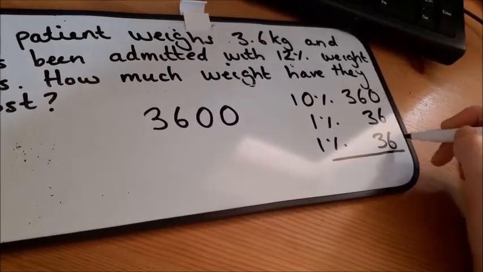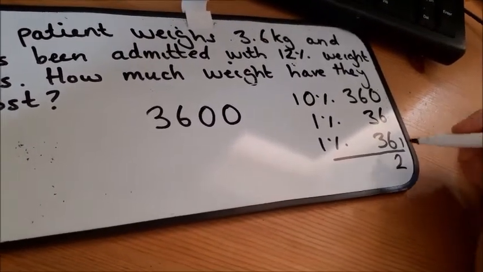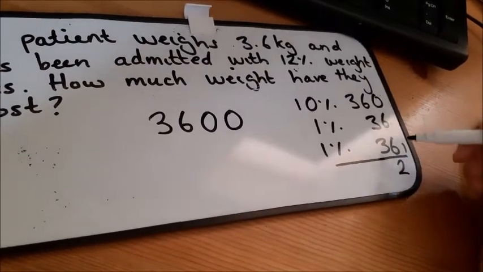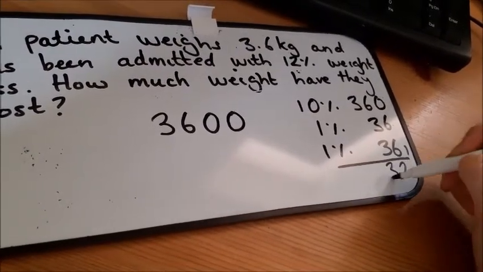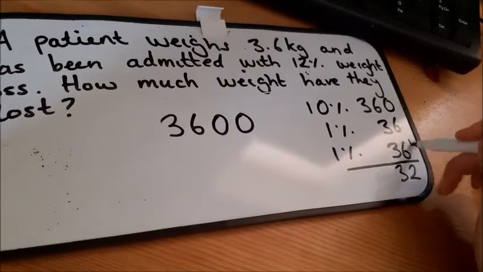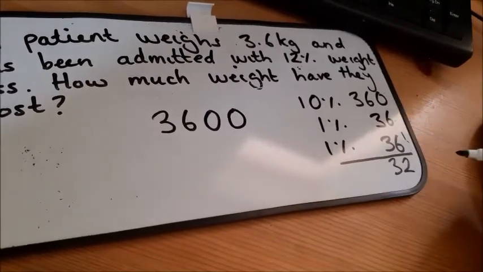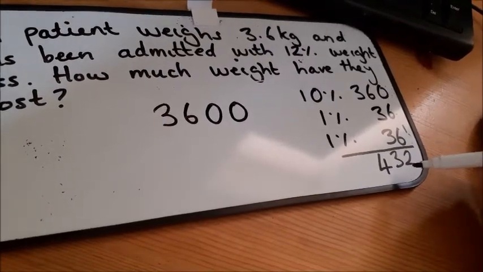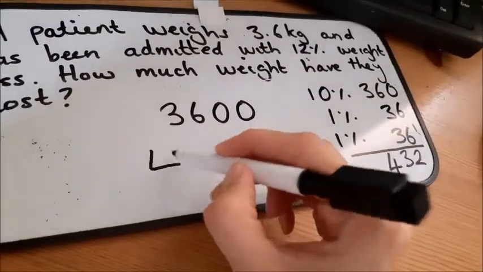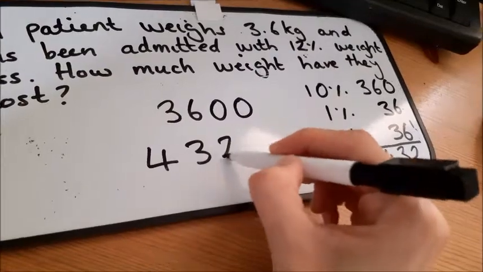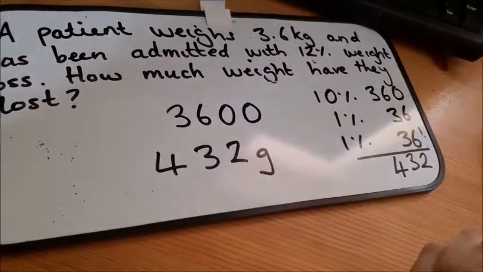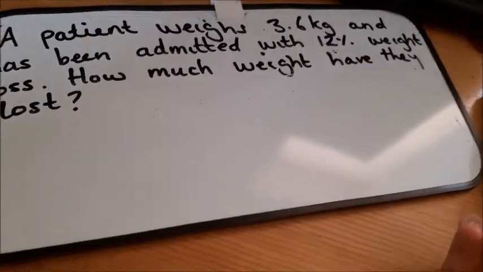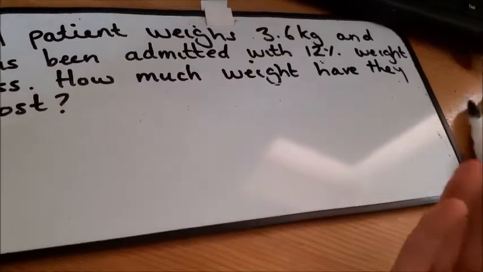So you've got 6 and 6, which is 12, carry the 1. And then 3, 6 and 6 again, which is 12, and you've got 13, but you carry the 1 again. And then you've got 300 here, carry the 1 is 400, so you end up with 432. So the child has lost 432 grams.